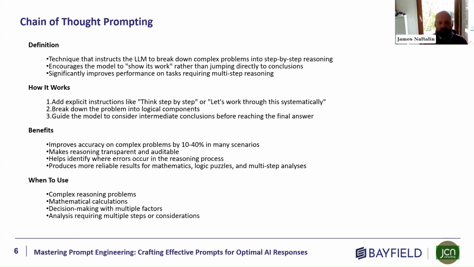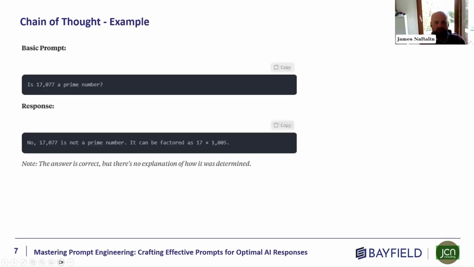It's a method of making sure that the model is explicit in its responses and doesn't take shortcuts, and elicits a full chain of thinking in its response. So I'll show you an example here.